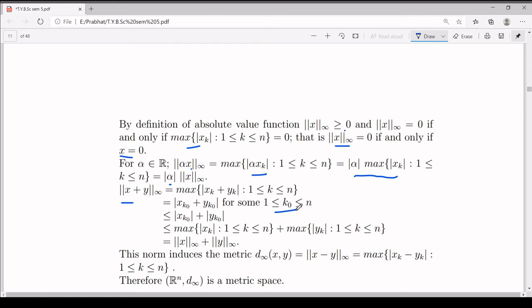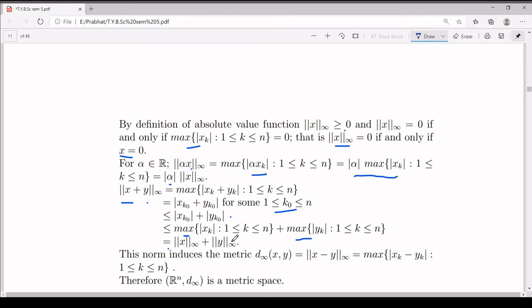Now you can apply the triangle inequality of the absolute value function to get that it is less than or equal to mod xk0 plus mod yk0. But mod xk0 is definitely going to be less than or equal to the maximum of mod xk, and mod yk0 is going to be less than or equal to the maximum of mod yk. So you have proved that norm of x plus y is less than or equal to norm x plus norm y.